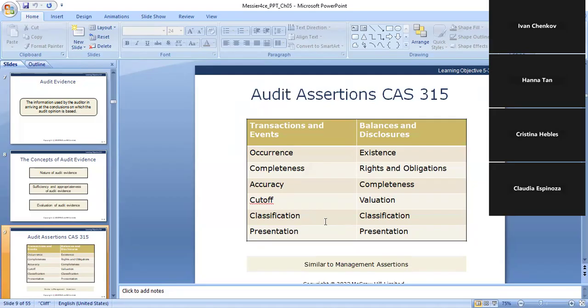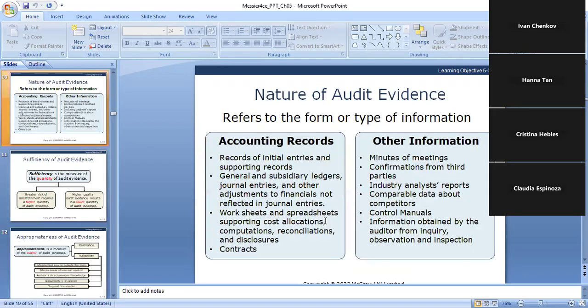But again, you need to know which assertion you are actually checking and assessing. Make sense? That's why it's important for you to know those levels of assertion. Let's go now.